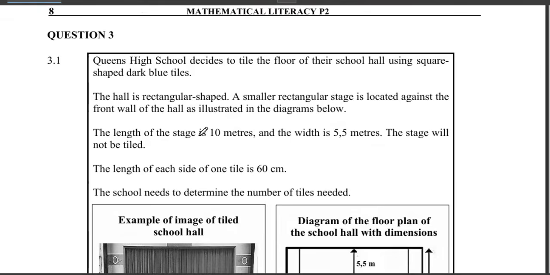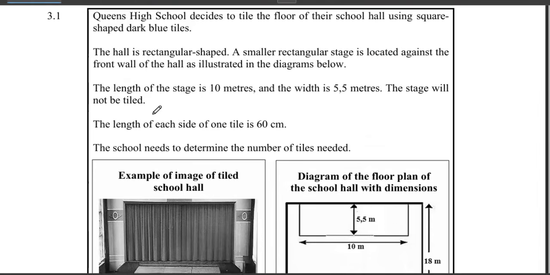Question number 3. Queen's High School decides to tile the floor of their school hall using square-shaped dark blue tiles. The hall is rectangular shaped. A small rectangular stage is located against the front wall of the hall, as illustrated in the diagram below.